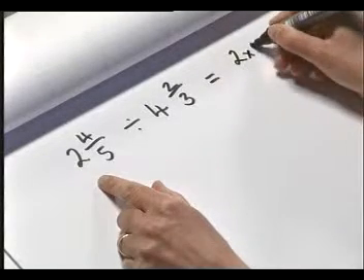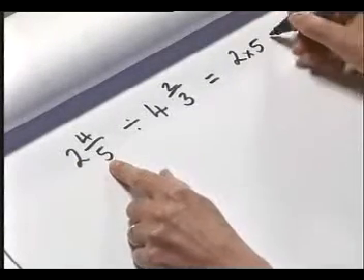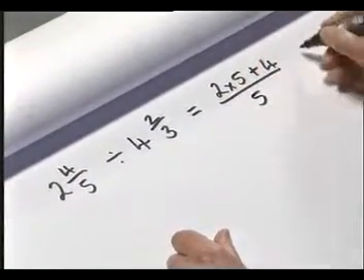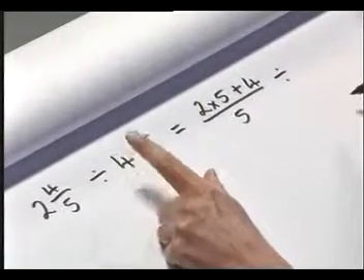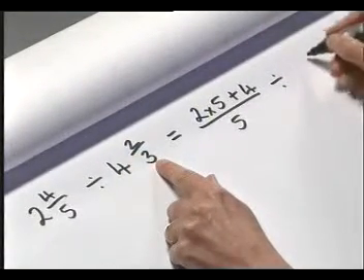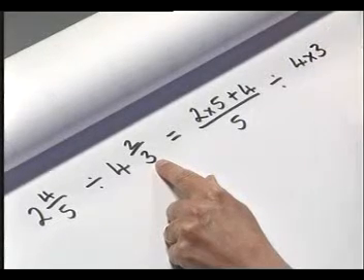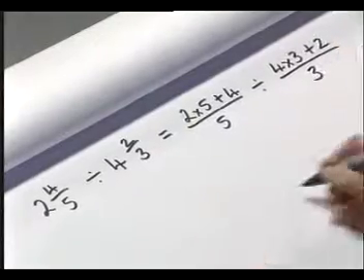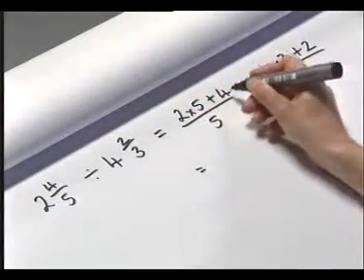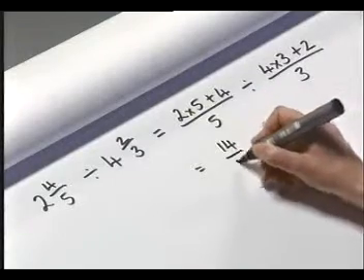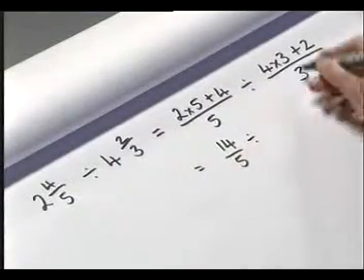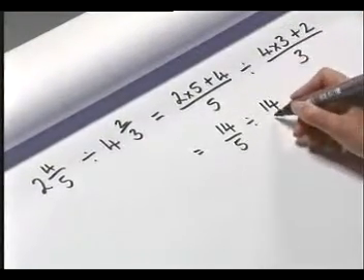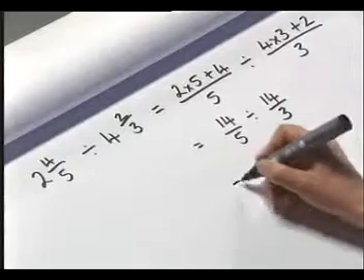So we've got 2 lots of 5, that's the whole ones turned into fifths, plus the 4, that's how many fifths we've got, divided by 4 whole ones, we need them turned into thirds, so that's 4 times 3, plus the 2, that's how many thirds. 2 fives are 10, plus 4 is 14 fifths, divided by 3 fours are 12, plus 2 is 14 thirds.